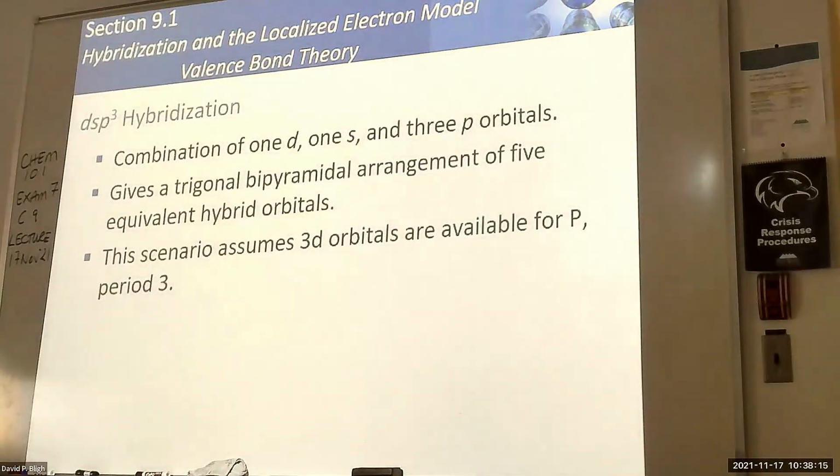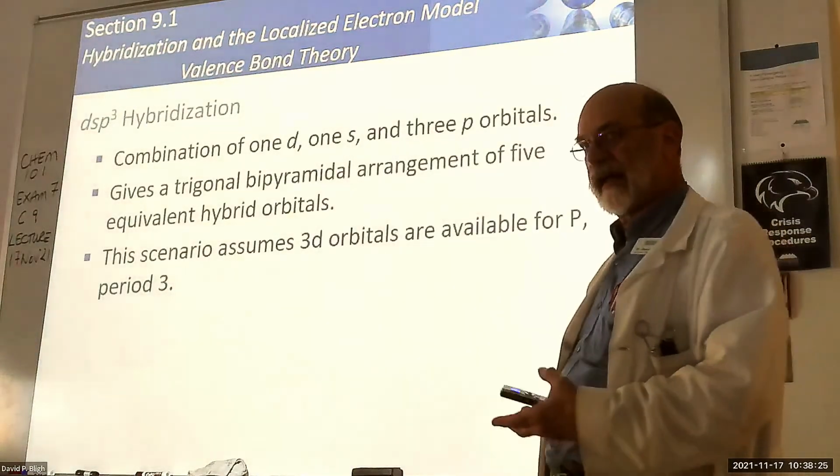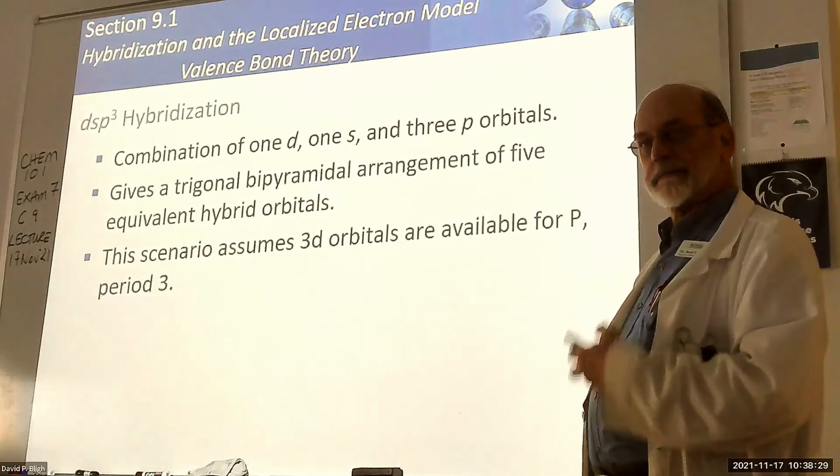Even though we haven't filled any d orbitals yet, we can still hybridize the orbitals because they are available at n equals 3. And that makes phosphorus able to hybridize to this level and produce the number of hybridized orbitals.